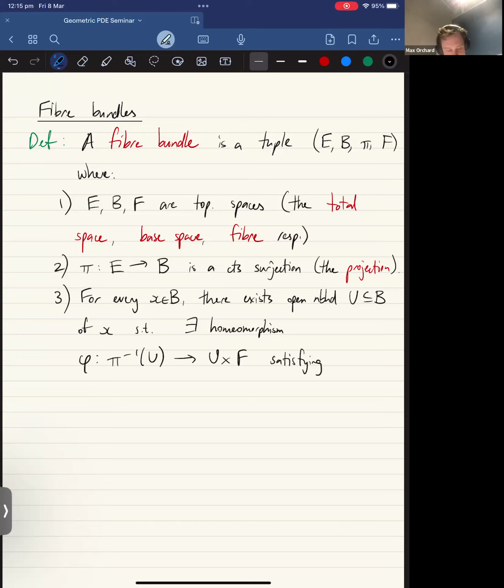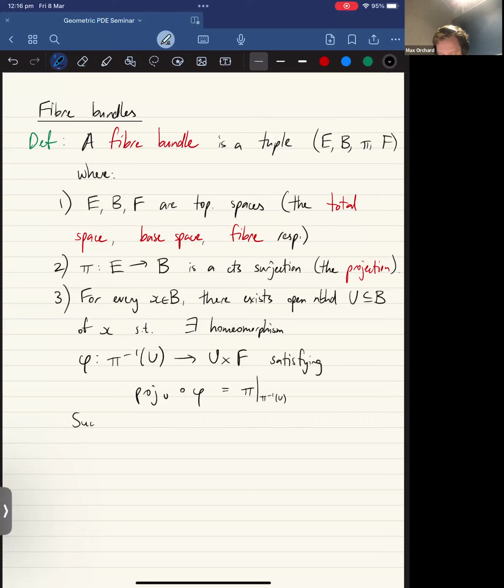And we also want this homeomorphism to sort of commute with our projections, in the sense that if we apply phi and then project onto our base space, this neighborhood of the base space, that's the same as just projecting down here. Now, I'll note that the preimage of U here will have the subspace topology in E.